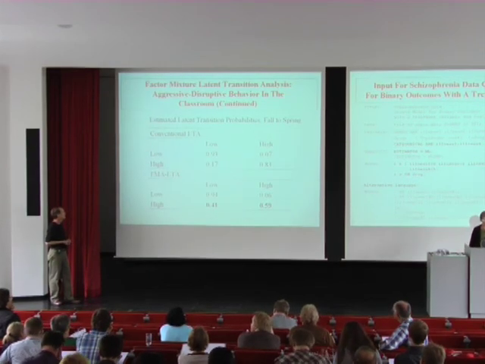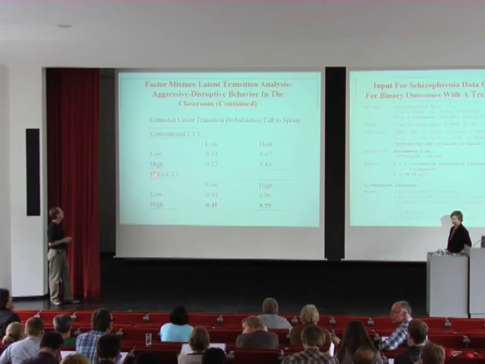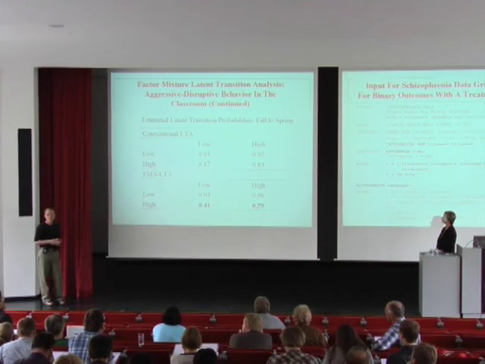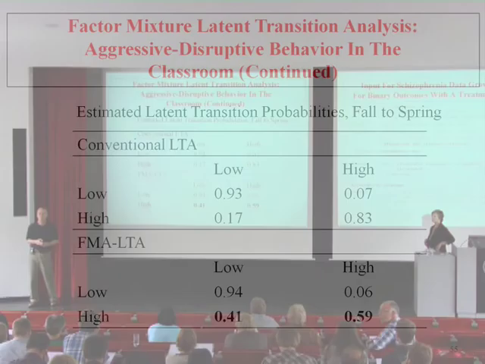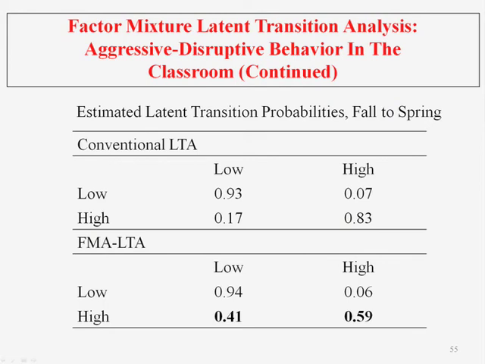Between conventional LTA and FMA LTA, right. The increase, could we say that if we control for the factor responsible for the disruptive behavior, we have no equality of change that people consider disruptive going into the transition in each group?